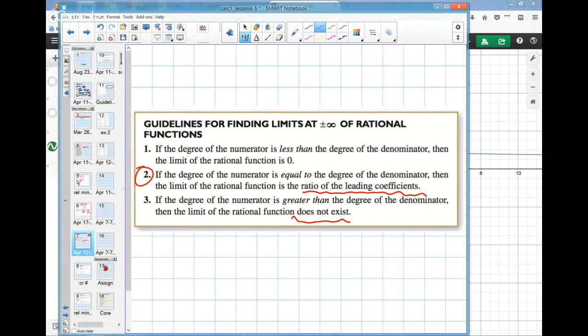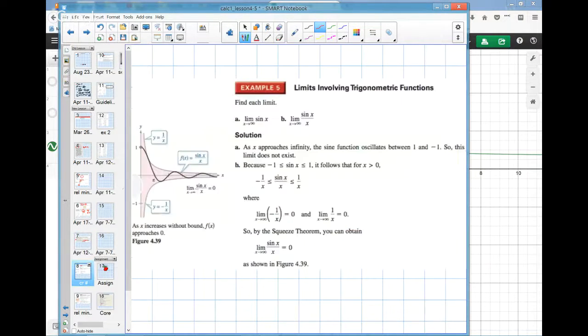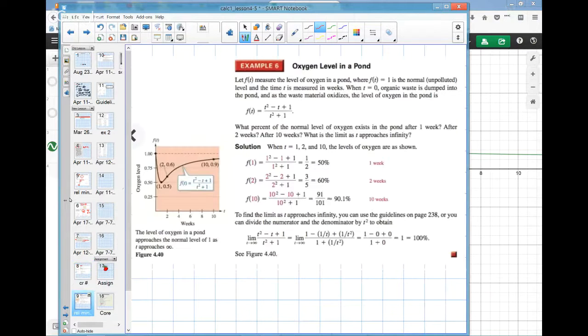So now we can apply this really cool rule and do a problem. Yeah, let's skip this one right now. Let's go to this one. Okay, take a look at this function up at the top. I'll tell you, this relates to this word problem, so let's quickly read it. Let f of t measure the level of oxygen in a pond, where f of t equals 1 is the normal, unpolluted level, and time t is measured in weeks.